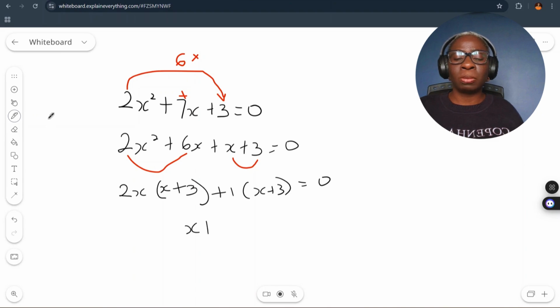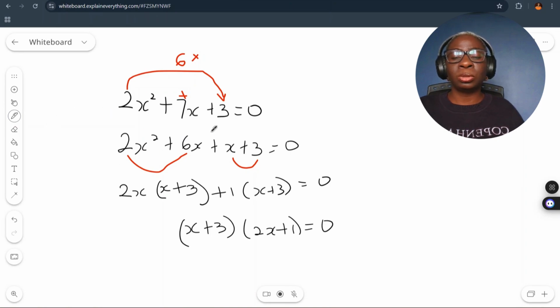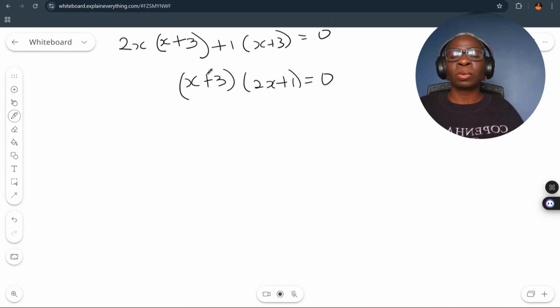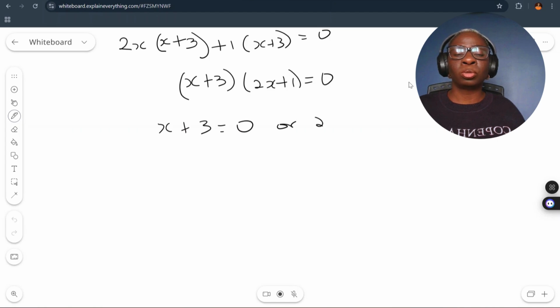So this will be x plus 3, then 2x plus 1, and the product equals 0. And don't forget the product rule. When two factors multiply to give 0, that means x plus 3 equals 0, or 2x plus 1 equals 0.